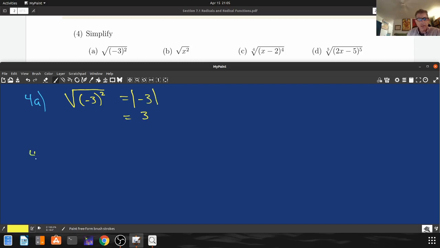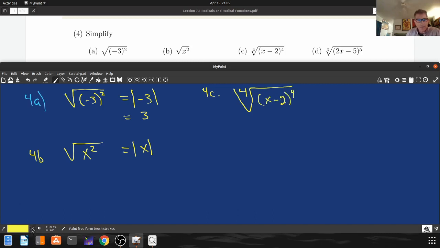Let's do 4b. Let's find the square root. Oh, we just did that one. The square root of x squared is the absolute value of x. That may be something that your math lab yells at you about. 4c, the fourth root of x minus 2 to the fourth.